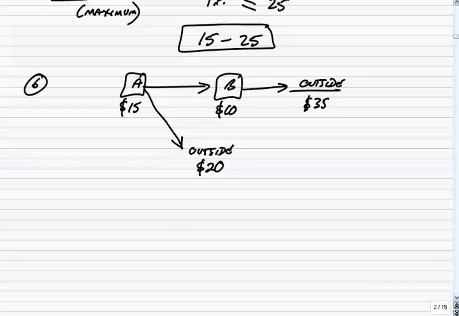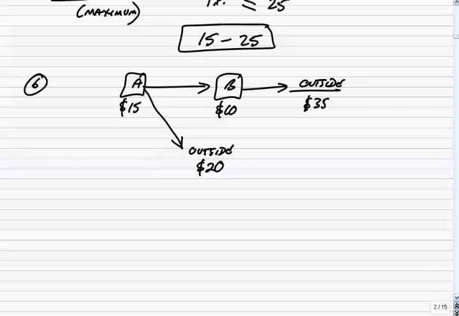But again, B wants this product from A, and we can supply it to B quite happily. But because at the moment we're capable of selling everything outside, surely every unit we supply to B means there's one less unit that can be sold outside.